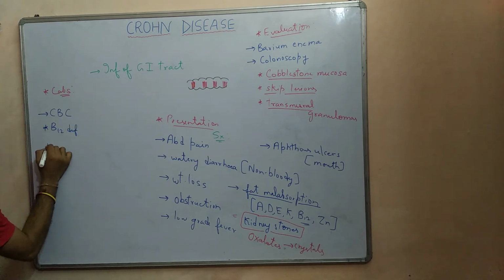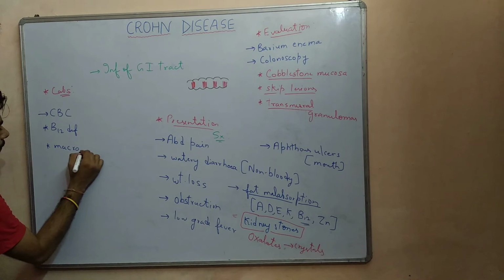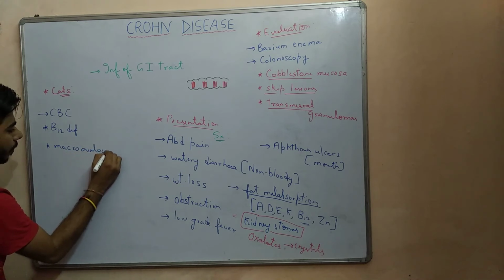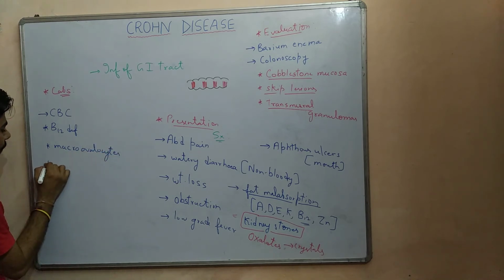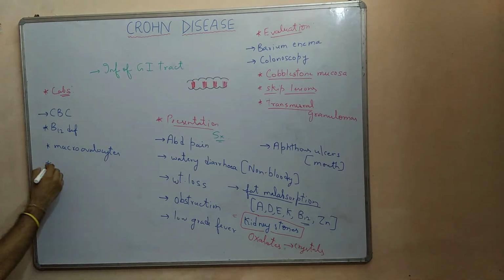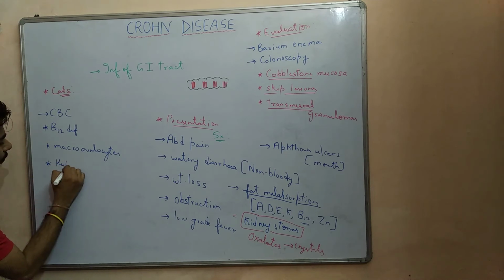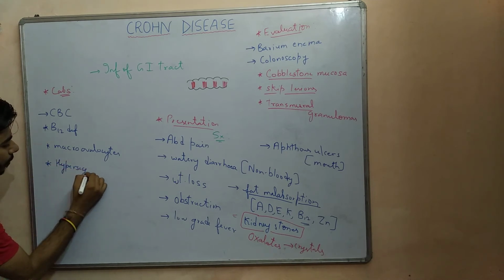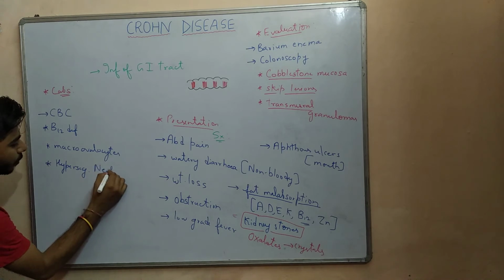With that, macrovalocytes can be seen. Okay, and that's megaloblastic anemia, right? Macrocytic anemia. With that, hypersegmented neutrophils can be seen.